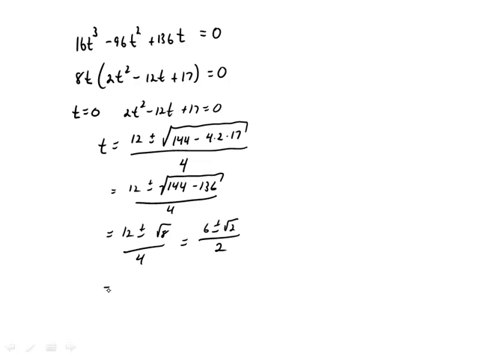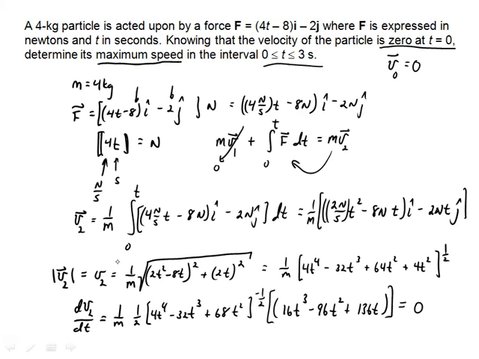If I use the 6 plus the square root of 2 over 2, I get 3.707, which is larger than my time interval. So I want to use 6 minus the square root of 2 over 2, and that's 2.293 seconds. Then I would go back into the original equation and substitute that time in, and that would give me my speed.